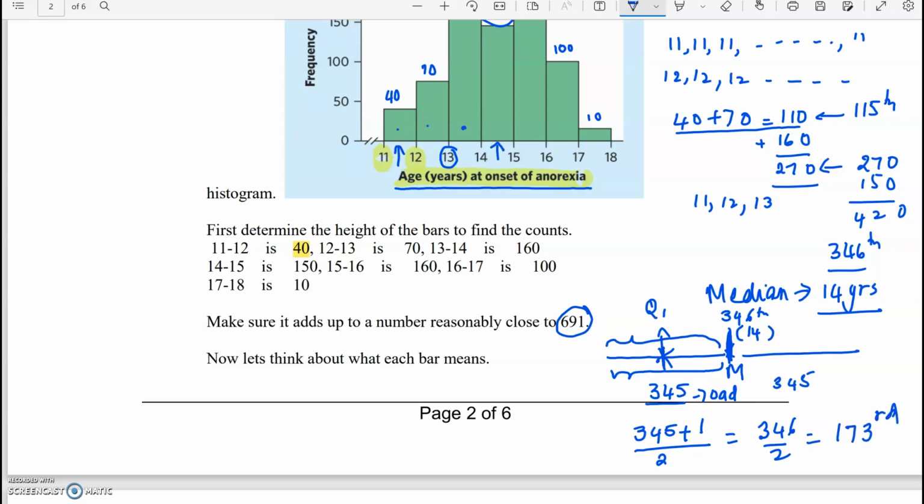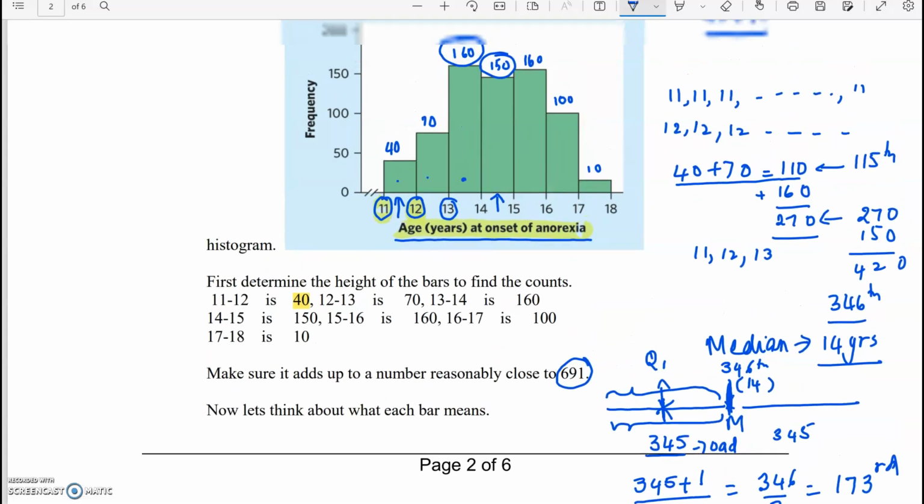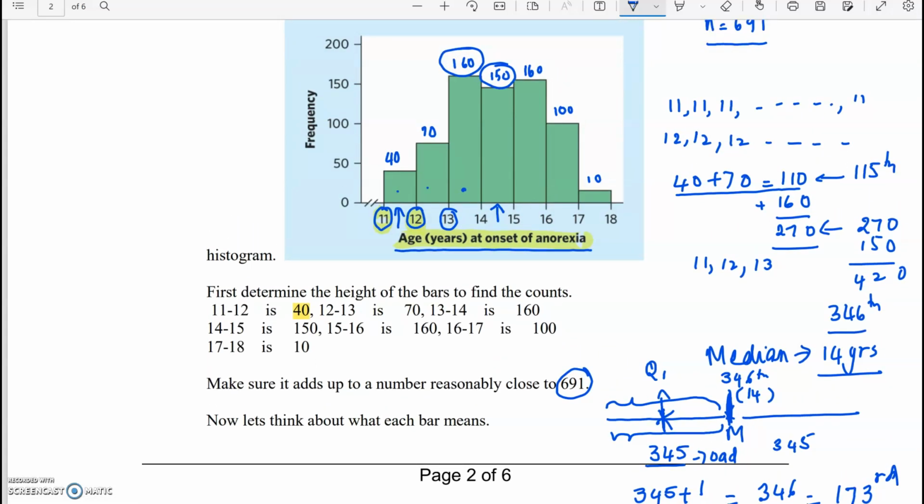It's the 173rd number. Remember, it cannot be the first 40 numbers, right? We're looking for the 173rd number. So the first 40 numbers are 11s. The next 70 numbers are 12s, right? So the first 110 numbers are either 11s or 12s. We're looking for the 173rd number.